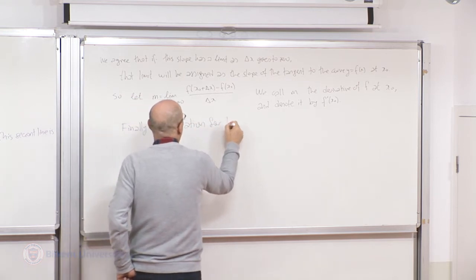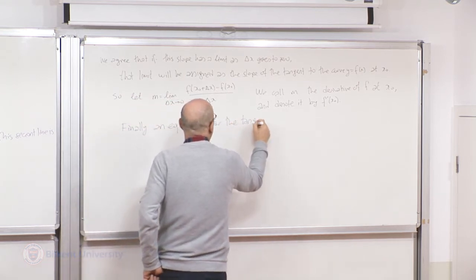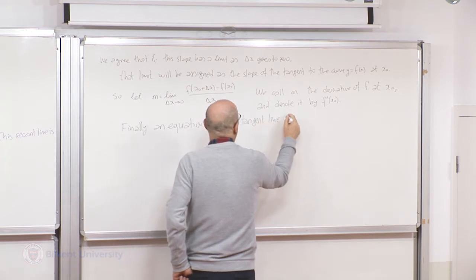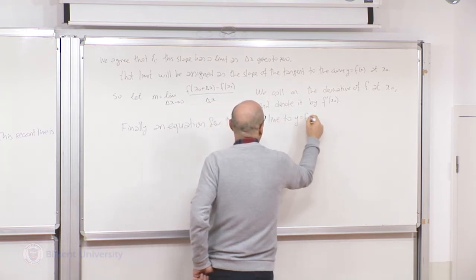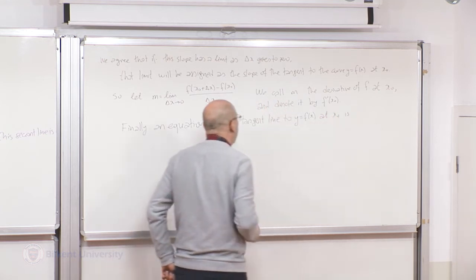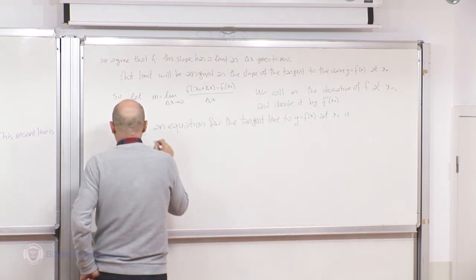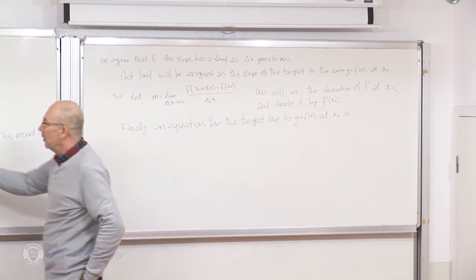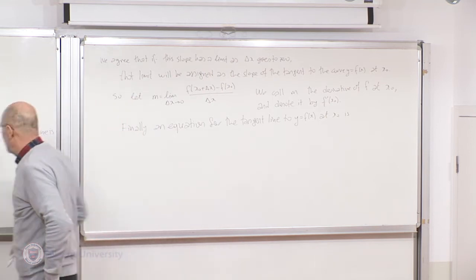Finally, an equation for the tangent line to y equals f of x at x sub 0. First of all, it passes through the point x sub 0, f of x sub 0.